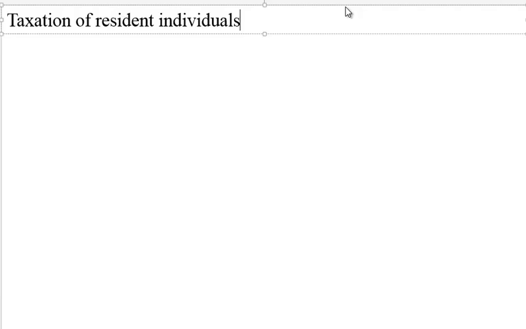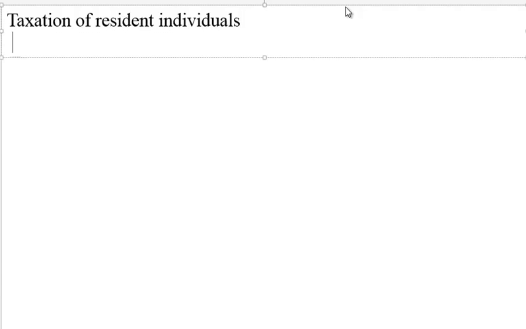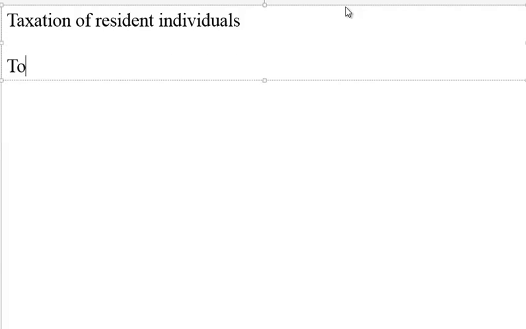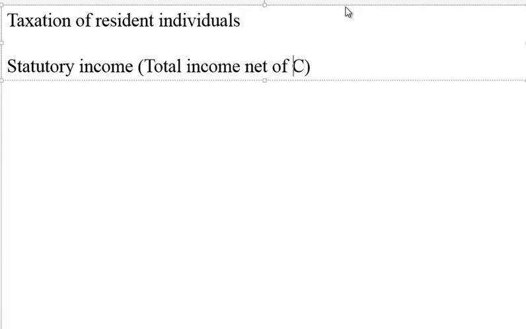What are capital allowances? We will do them later on. So it's basically like this. You have your total income, or you can say statutory income. It is total income net of capital allowances.